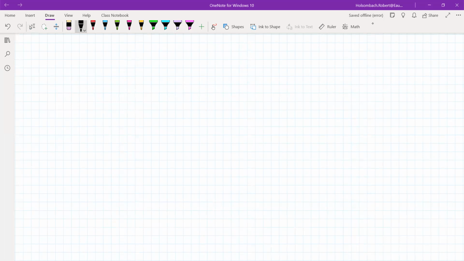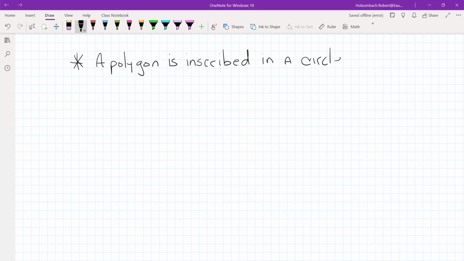And we're going to say that a polygon is inscribed in a circle if all vertices lie on the circle.